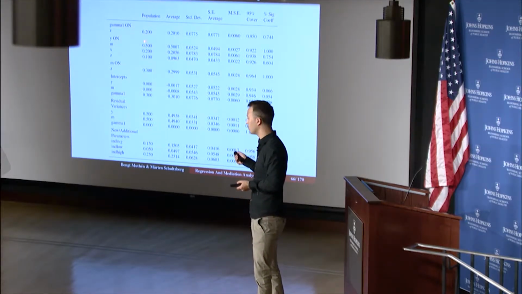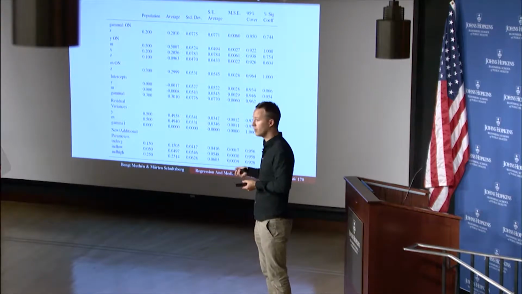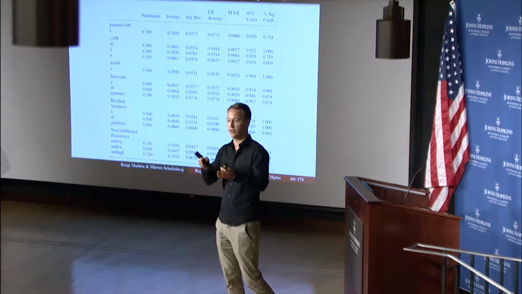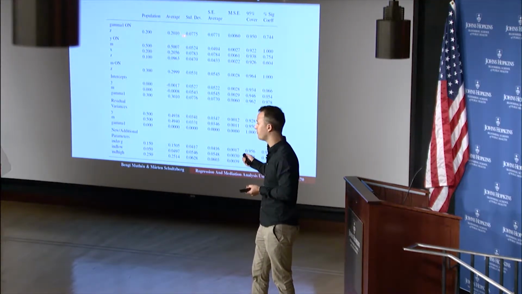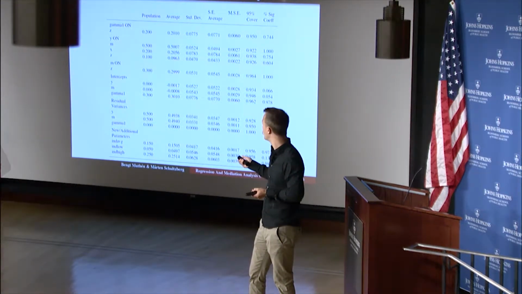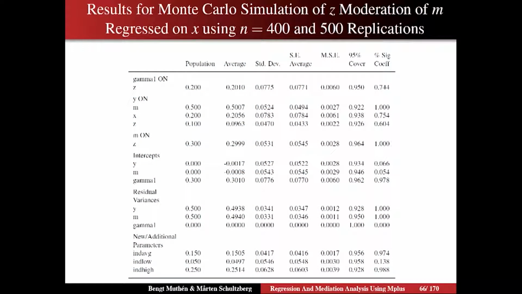So the true value was 0.2, which I specified before. And the average, because these results are the summaries of the 500 replications that we did. So the average of all the 500 point estimates for this parameter was 0.201, which is very close to 0.20. So on average, it did really well.